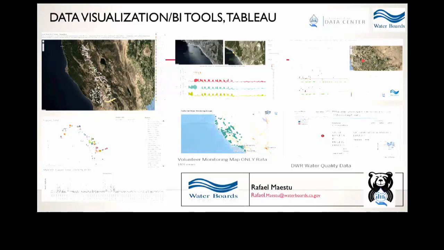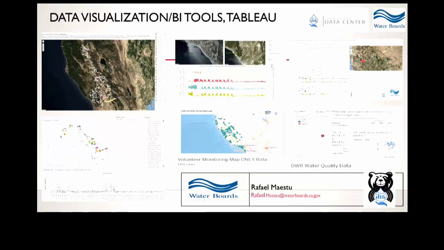So I want to talk about the technology that we have today to analyze and visualize it. Years ago, if you wanted to build a map, then you want to publish on the web, then you had to have your web support people to actually do the coding of how to publish it.